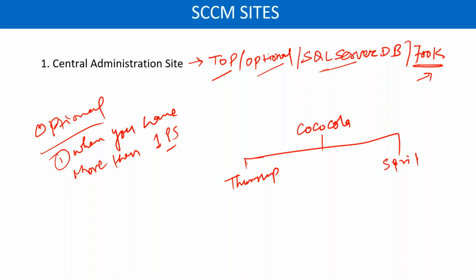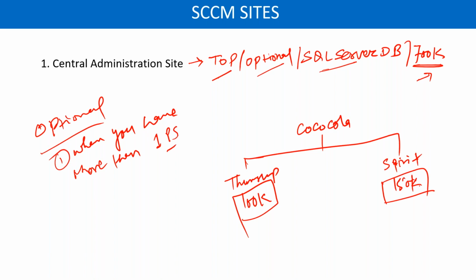So two companies. Now Thumbs Up has, let's say, 100,000 devices in the Thumbs Up domain, and Sprite has somewhere around 150,000 devices.